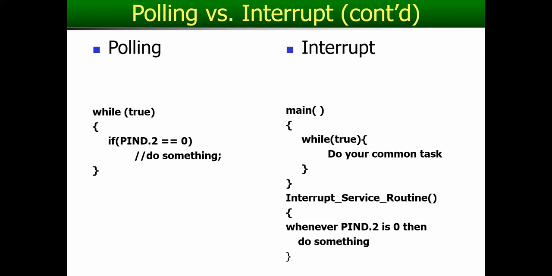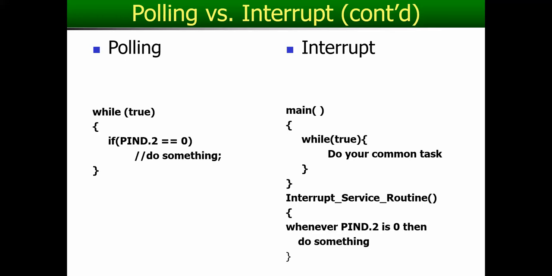So now let's look at the software. For example, on the left you see pin 2 of port D, and we want to see if a 0 is coming on it or not. Let's say you expect some device to send you a 0, and you really want to know if that 0 has arrived. So we are polling it, we're checking it.